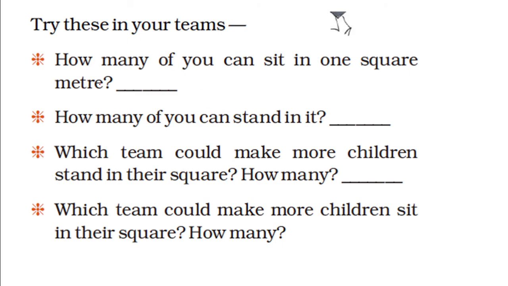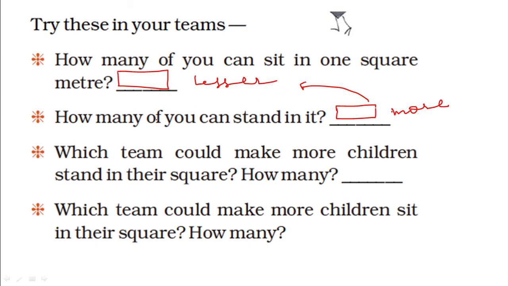Now what you have to do: how many of you can sit in 1 square meter? Count how many students can sit here. It may be different for different groups. How many can stand? It may again be different, but sitting will be lesser in number and standing will be more in number. Which team could make more children stand in the square?